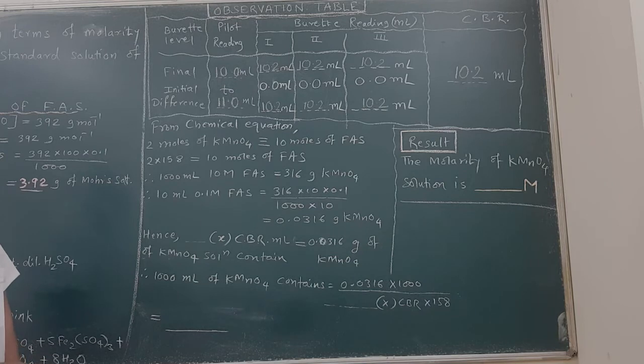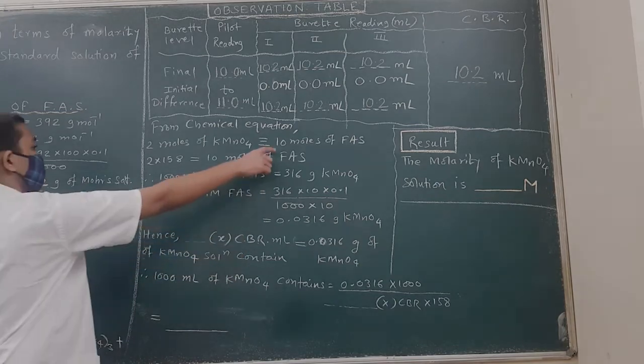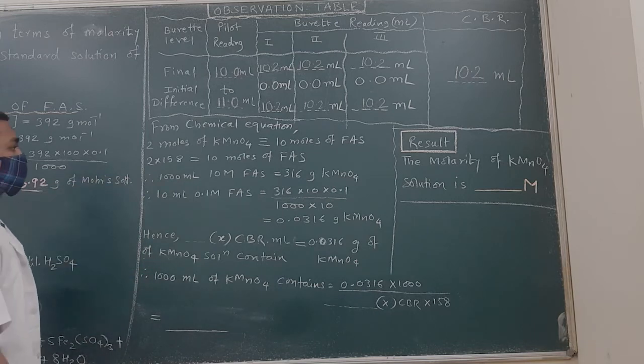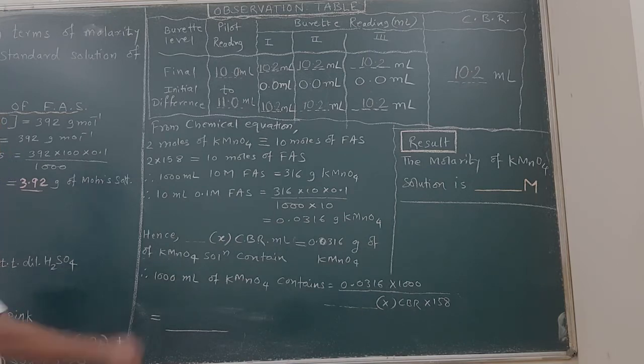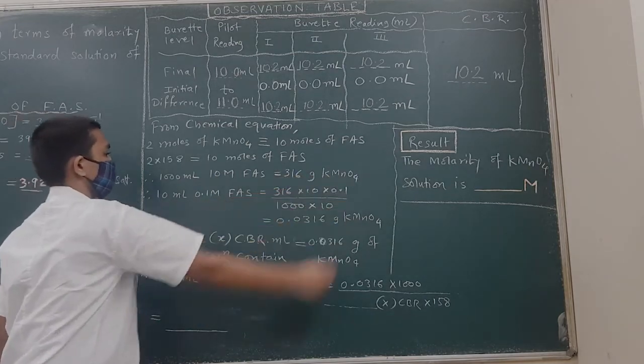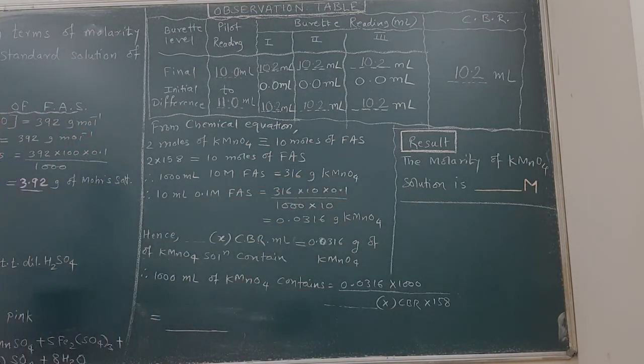From the equation, 2 moles of KMnO4 is equivalent to 10 moles of ferrous ammonium sulfate. The molar mass of KMnO4 is 158, so 2 moles multiplied by 158 is equal to 10 moles of FAS. Therefore 1000 ml of 1 molar FAS is equal to 316 gram of KMnO4.